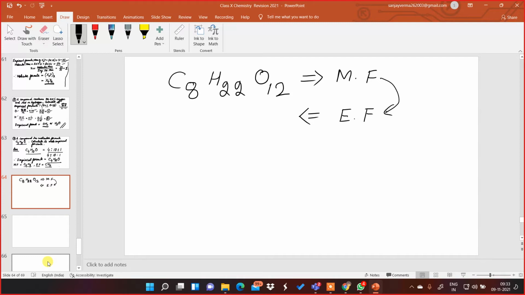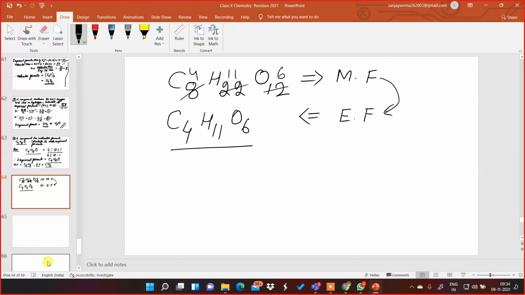They will cancel by 2. 2 4s are 8, 2 11s are 22, 2 6s are 12. Will they cancel further? No, they will not cancel further. So we have the empirical formula C4H11O6. Is the concept of empirical and molecular formula becoming clearer in your mind now?